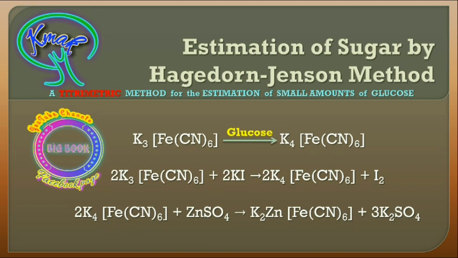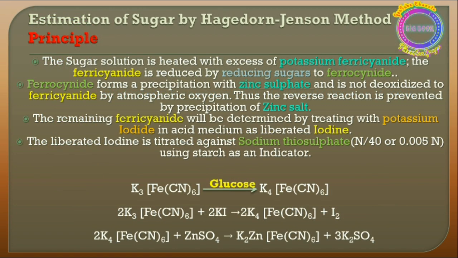So this first slide shows every formula which has been depicted here. Coming to the next slide, we are discussing the principle. As we know, sugars have the feature of reducing, like they are going to reduce a particular compound to another form.